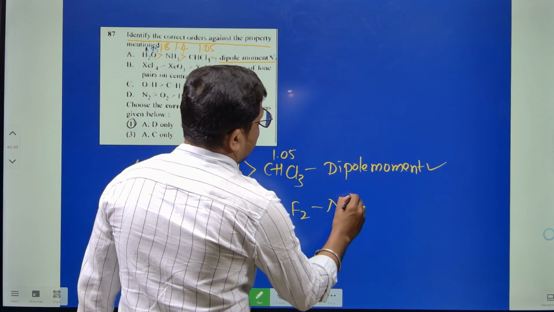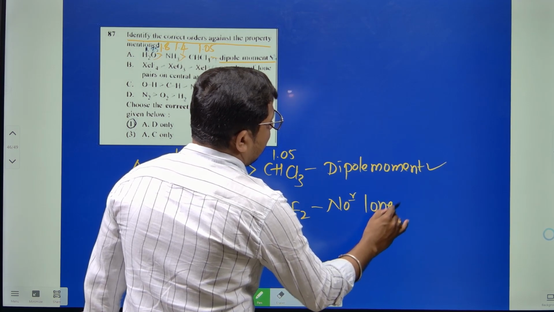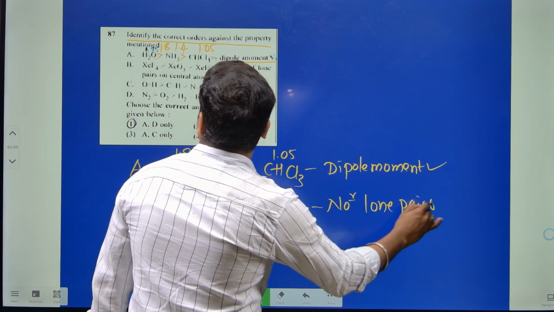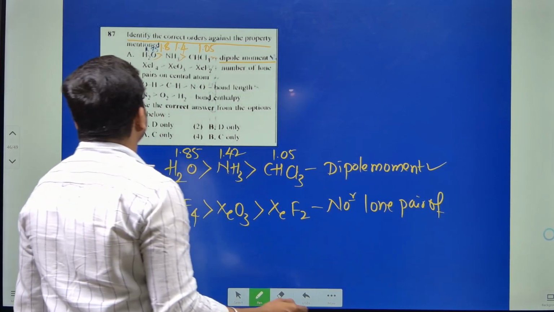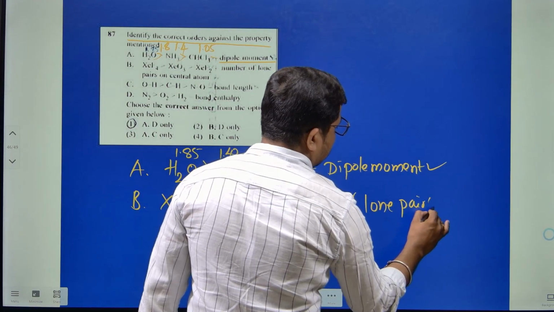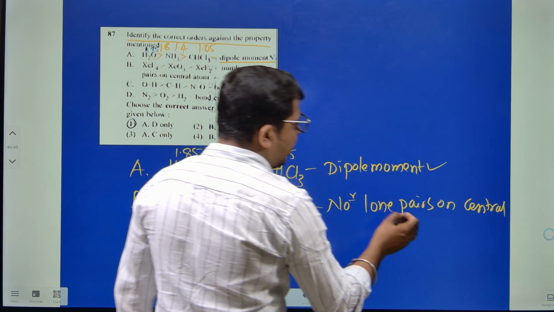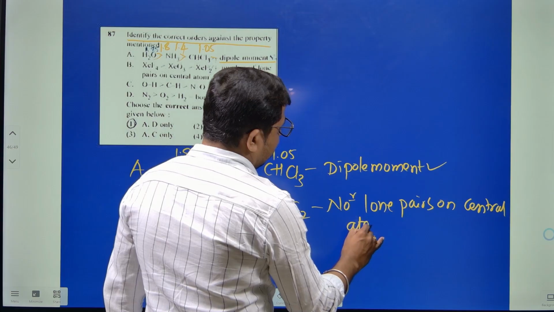Number of lone pairs on the central atom.